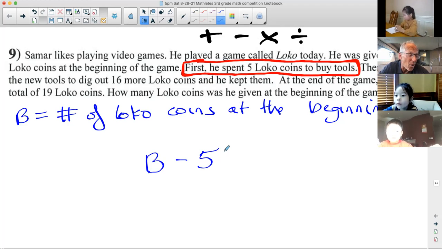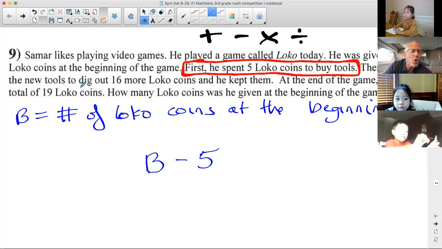And if he had B coins at the beginning and he spent 5, I agree with Catherine, Jason, and Eleanor, who said subtract 5. But what does it mean that he used the new tools to dig out 16 more?